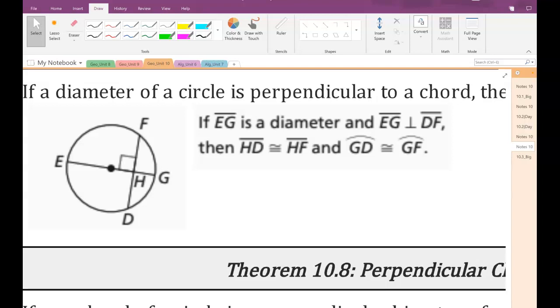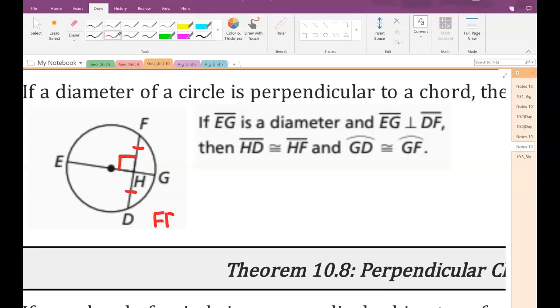So if EG is a diameter, and EG is perpendicular, we use the upside down T symbol, perpendicular to DF. Perpendicular also means 90 degrees, so if we have this 90 degree angle here, then HD is congruent to HF. So that is our chord being bisected.